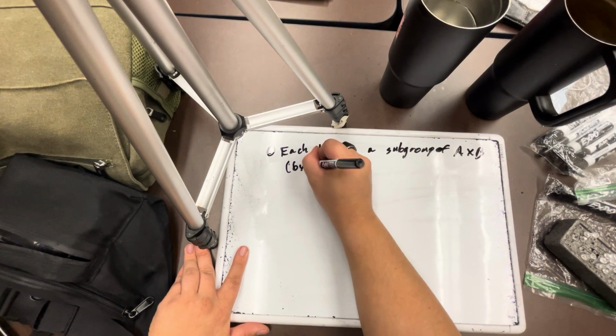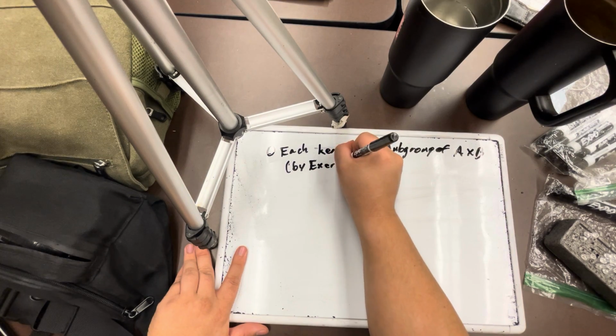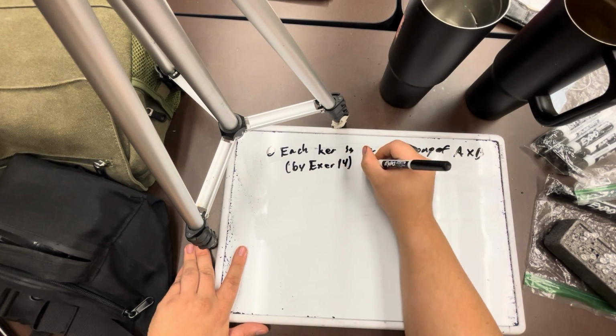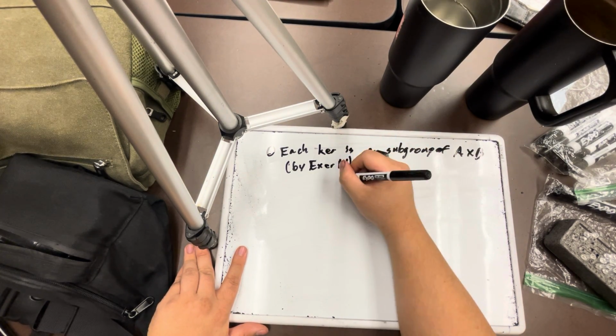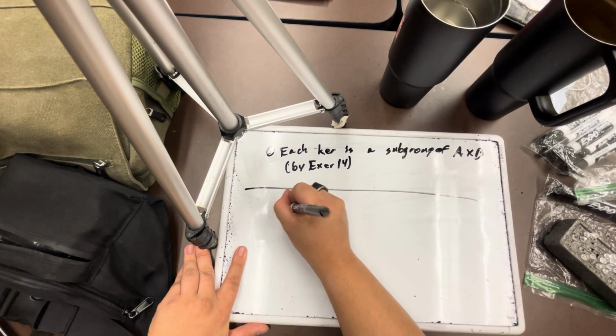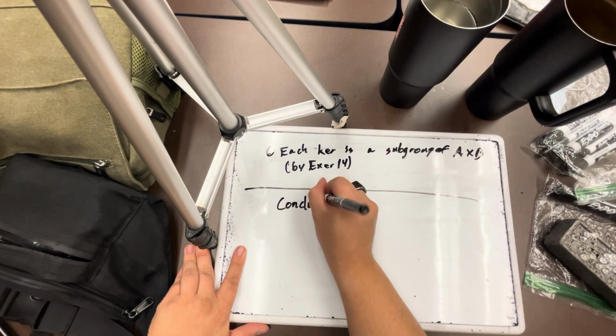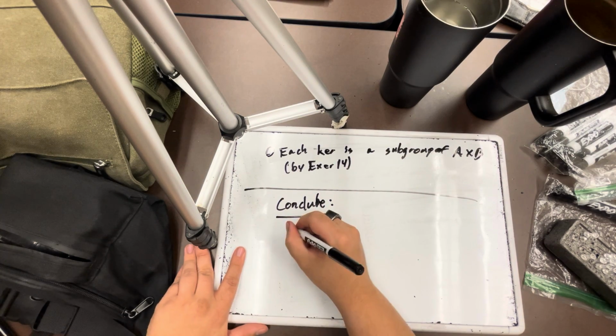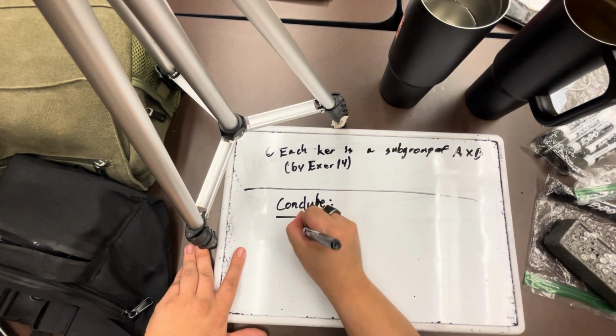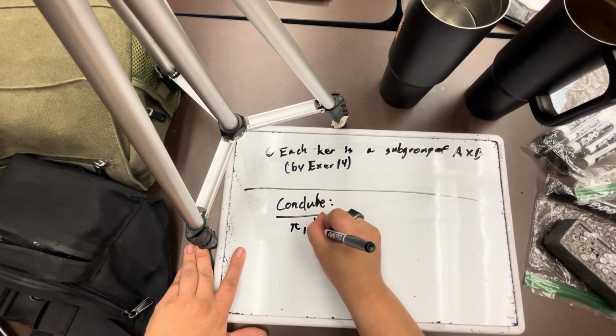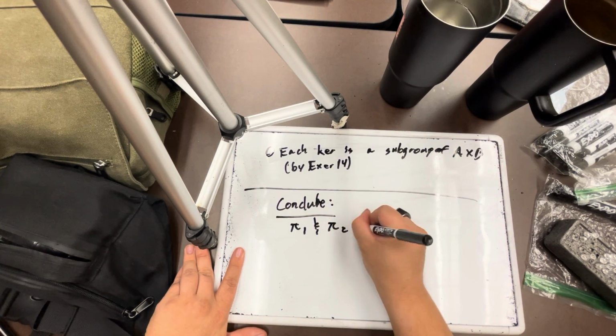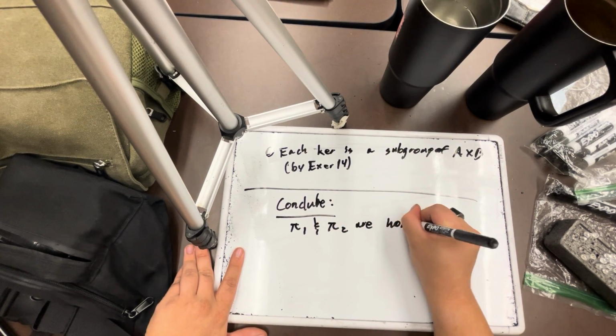This is by exercise 14, which we discussed, that kernels are subgroups, right? So what do we conclude? Well, we conclude, for one, that pi sub 1 and pi sub 2 are homomorphisms.